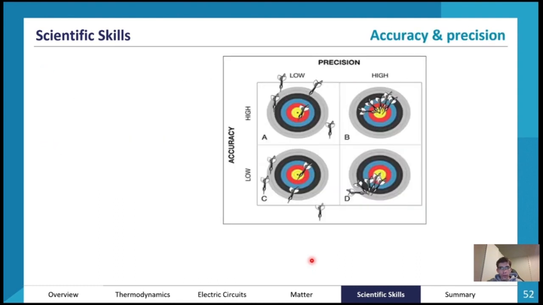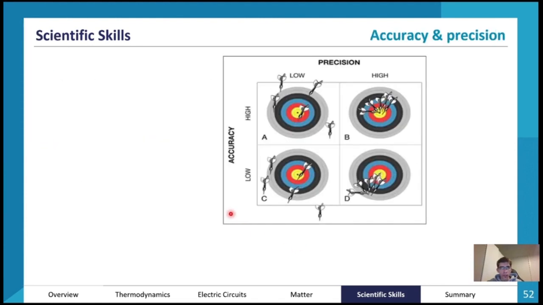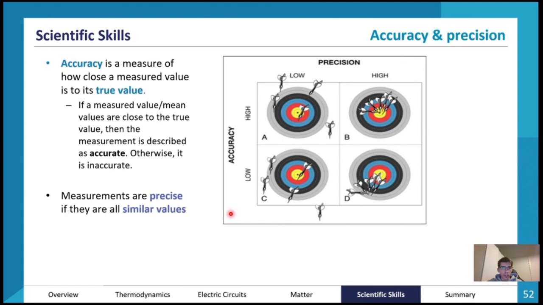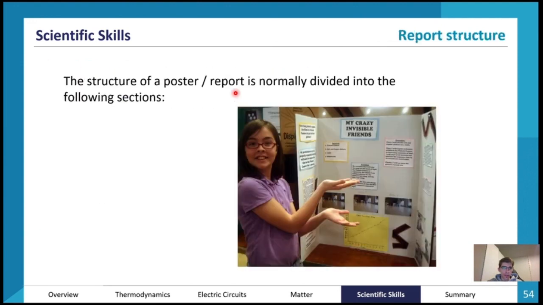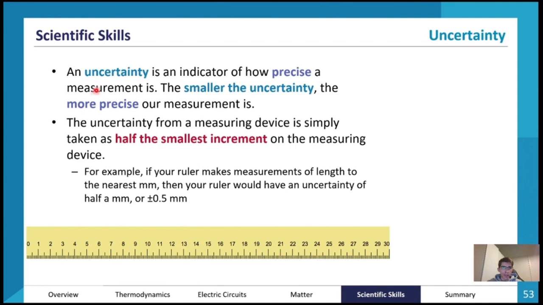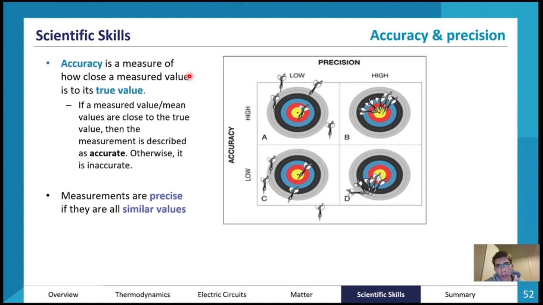You need to learn how to add and subtract significant figures, because once you do that, you can determine the uncertainty of a measurement. And that is really important because uncertainty is an indicator of precision, or how precise the measurements were.